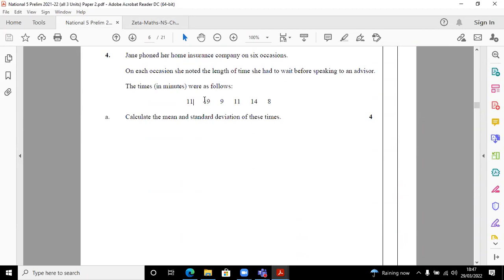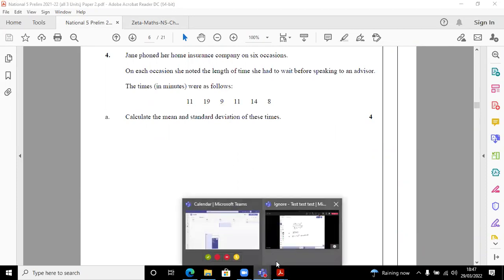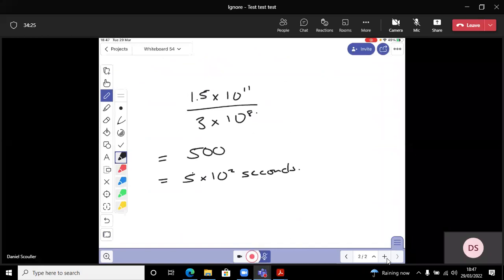So 11 plus 19 plus 9 plus 11 plus 14 plus 8 divided by 6, to get us the mean. Then it's about using the standard deviation equation and creating that table. So let's have a wee look.